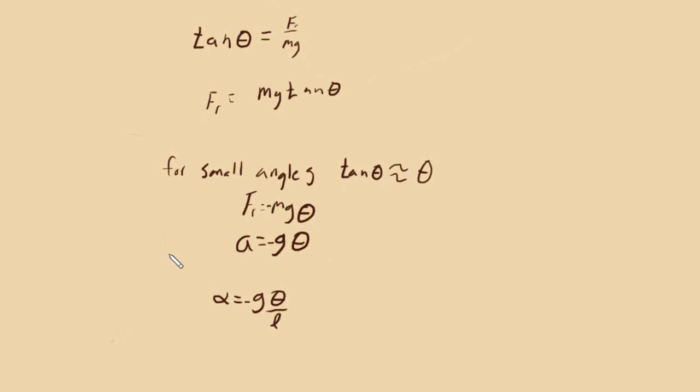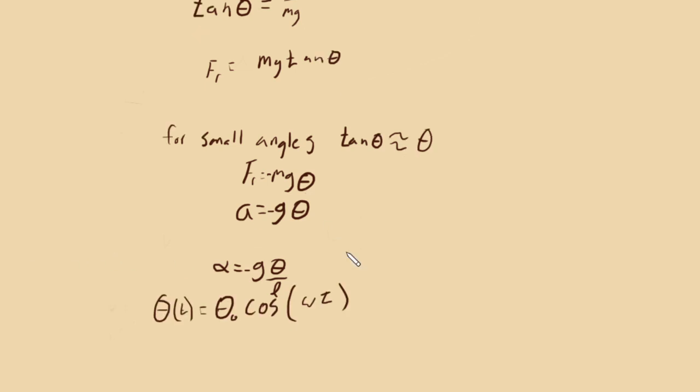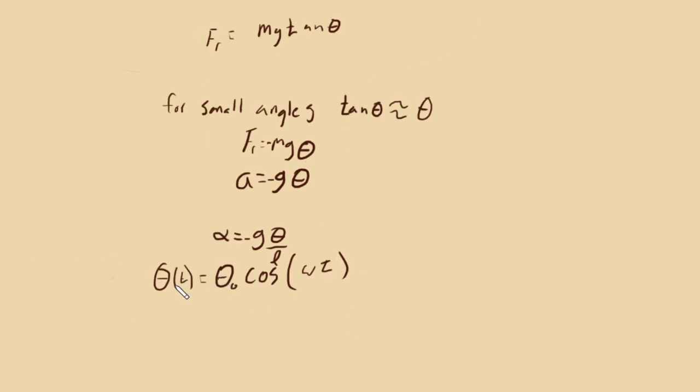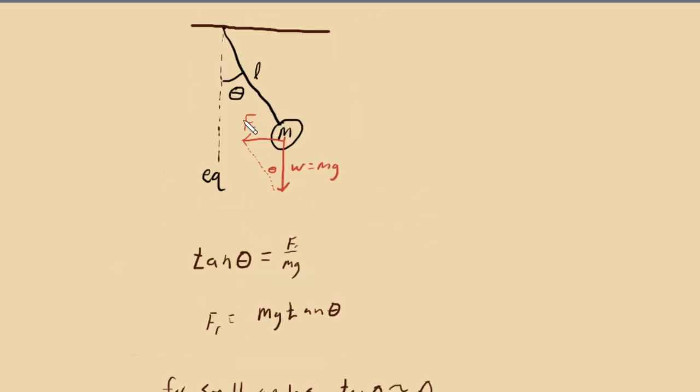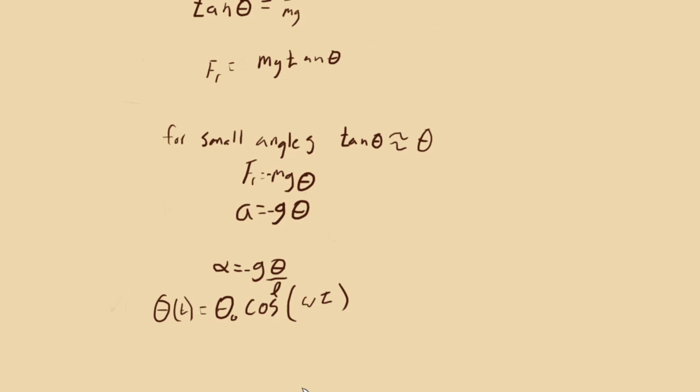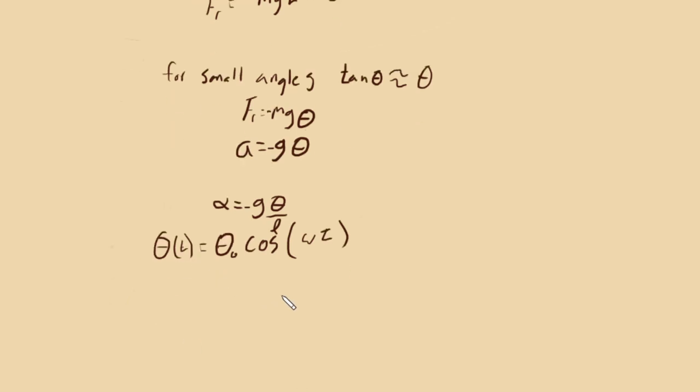Okay, that's good, but it doesn't really help us solve what our angular frequency is. So what we need to do is go back through those same steps that we did before, and this time we're going to use angular kinematics instead of translational kinematics, since we're moving in a circular motion in this case, unlike the spring problem. So all this is saying is basically the same thing we did before.